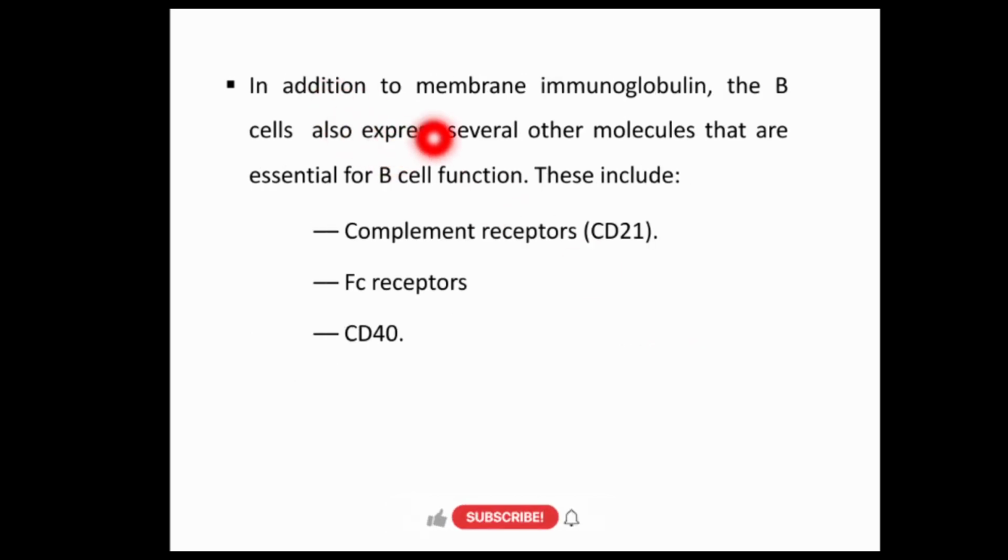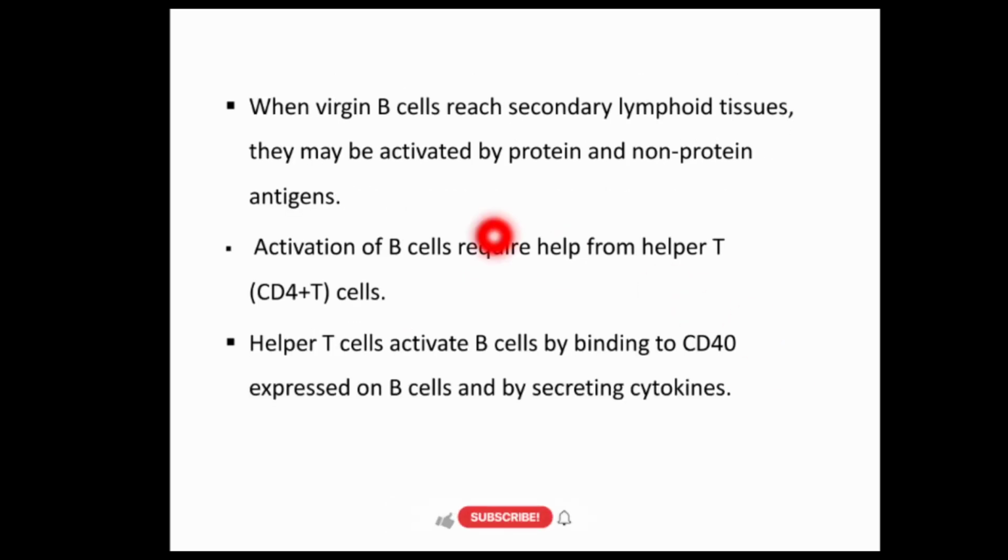In addition to membrane immunoglobulin, the B cell also expresses several other molecules, that are complement receptor, Fc receptor, and CD40. When virgin B cells reach secondary lymphoid tissue, they may be activated by protein and non-protein antigens. The activation of B cells requires help from helper T cells.